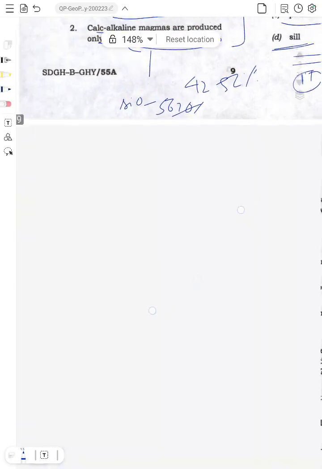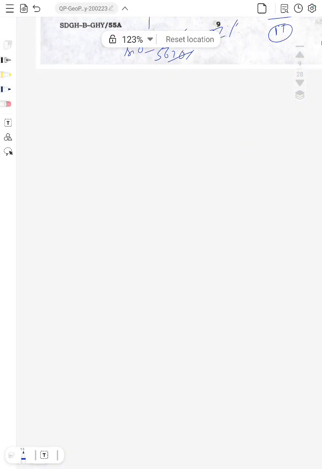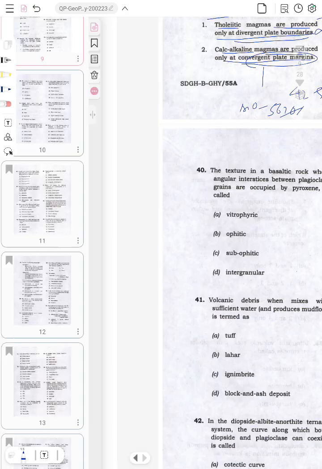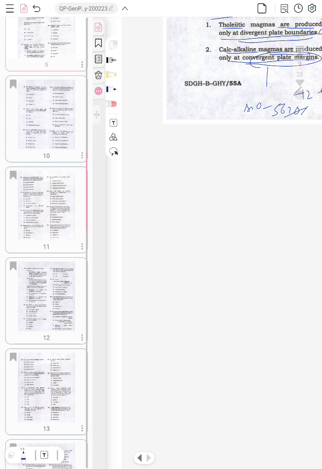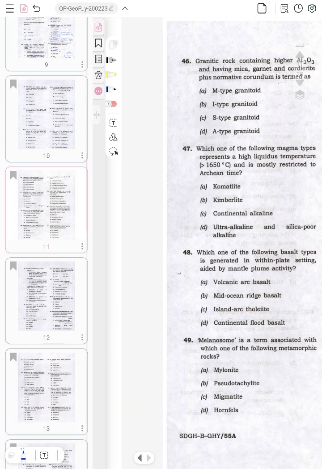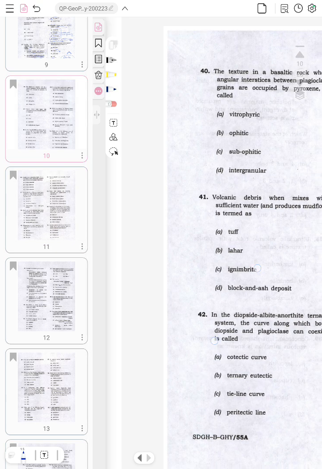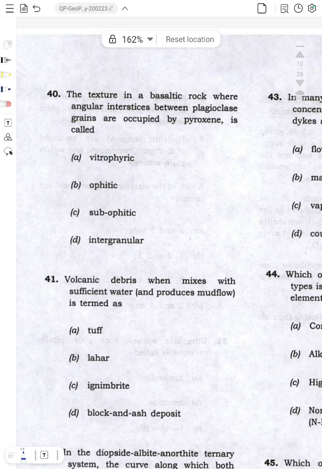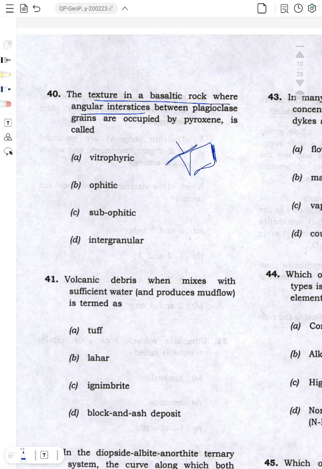Okay, now coming to the 40th question. The texture in basaltic rock where angular interstices, like suppose this is a figure.